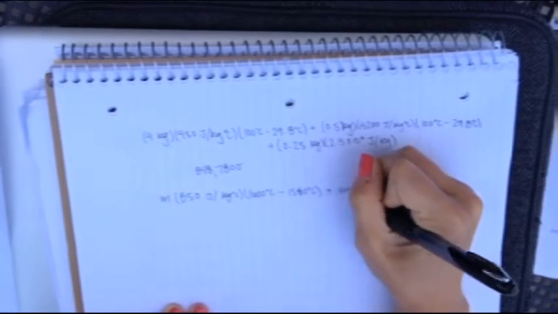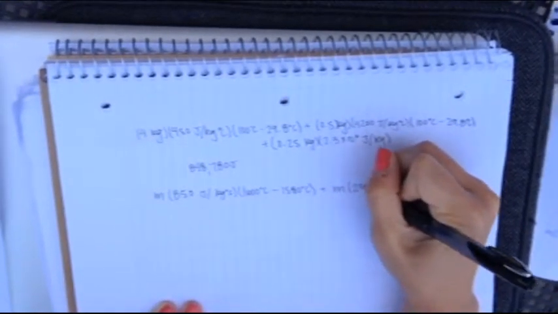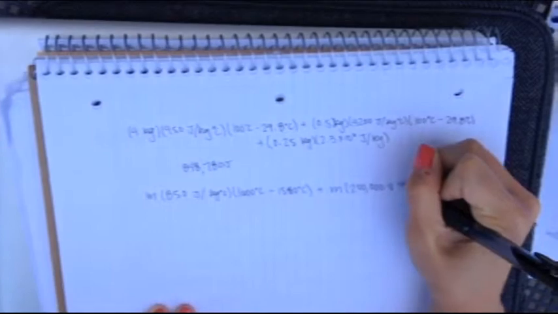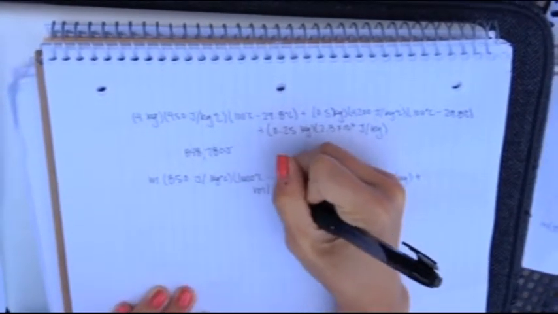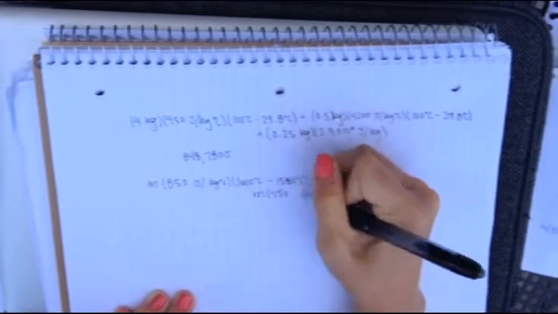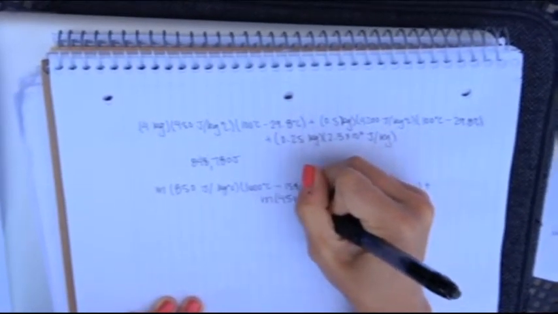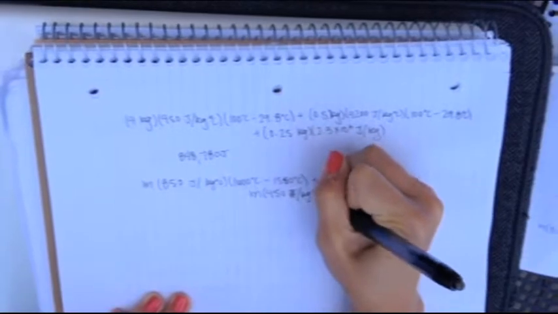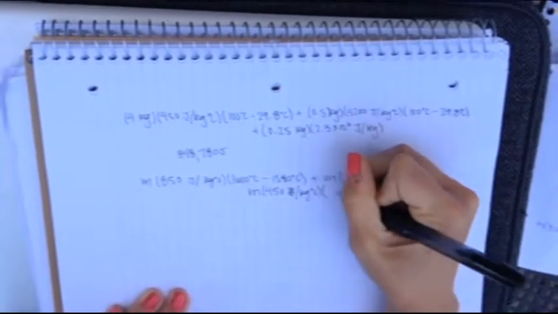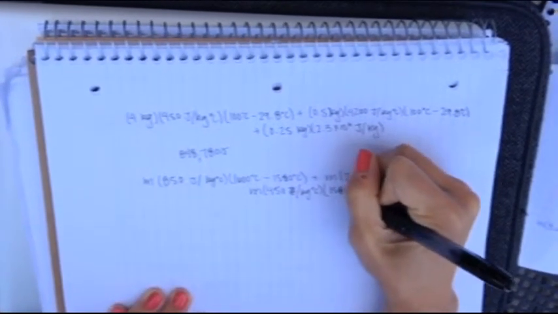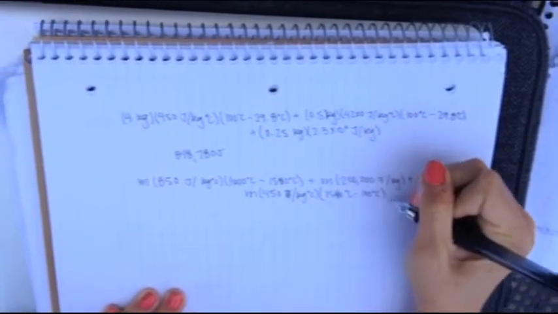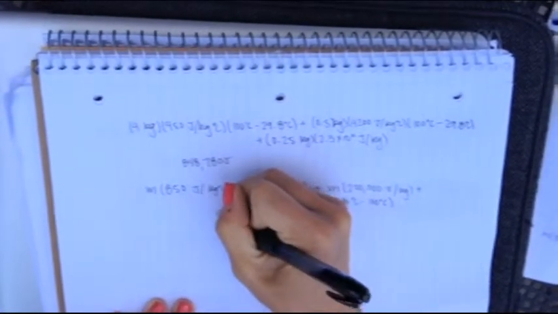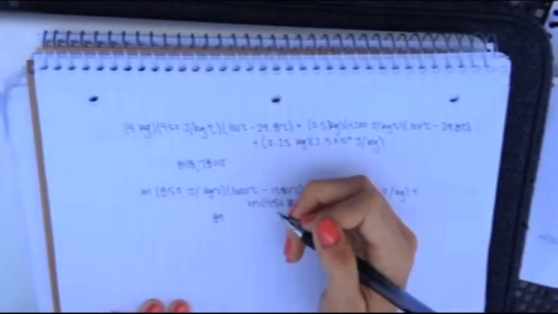Then we add that to the mass of iron times its heat of fusion, added to the same mass of iron times its specific heat in solid form, and then the temperature change starts out at its melting point and goes to 100 degrees, since the whole system ends at 100 degrees.